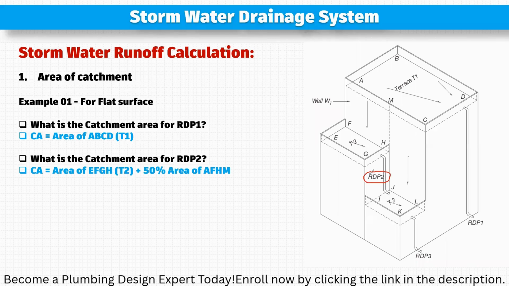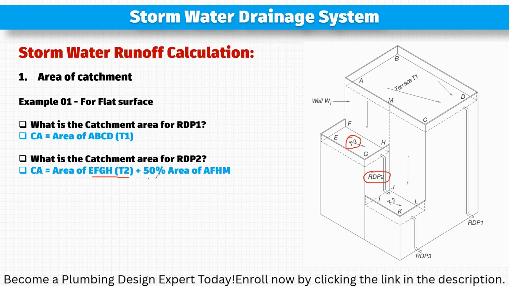Second, what will be the catchment area for RDP2? We have to see that RDP2 is taking water from terrace T2 only. Correct? So the area of this flat roof, that is the area of EFGH, that is T2, plus there is one adjoining vertical wall, right?